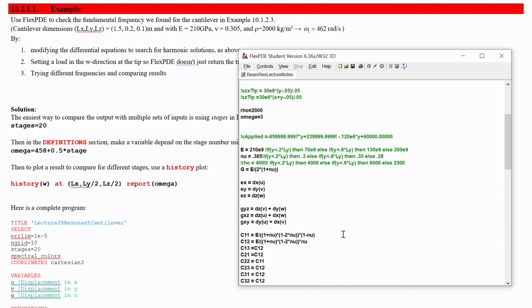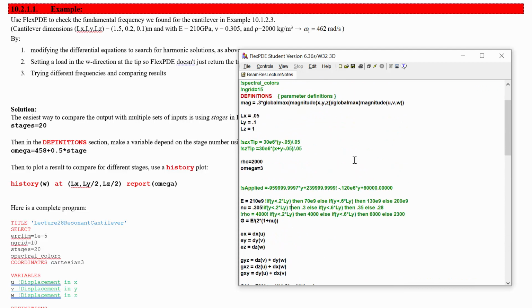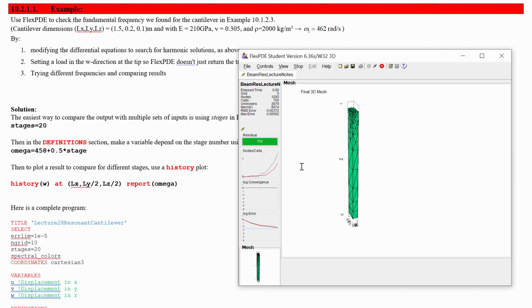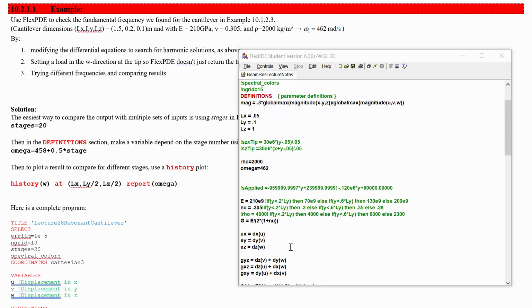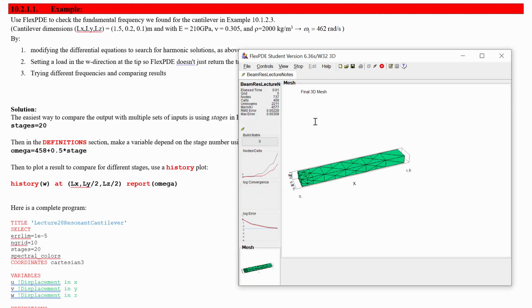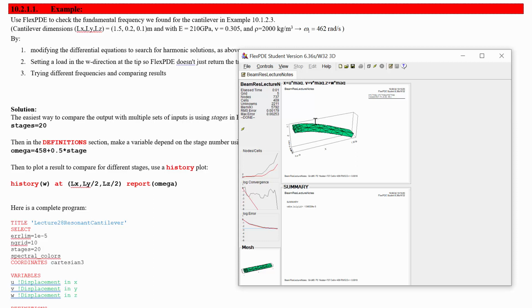Let's suppose instead we put omega around the resonant frequency. What about 462? Still nothing. The dimensions. So we've got to put Lx is 1.5, Ly is 0.2, Lz is 0.1. That's more like it. So now the W displacement that we were applying, the load in the negative y direction, is leading to this kind of a bending.